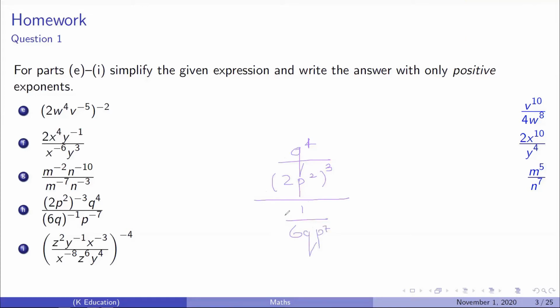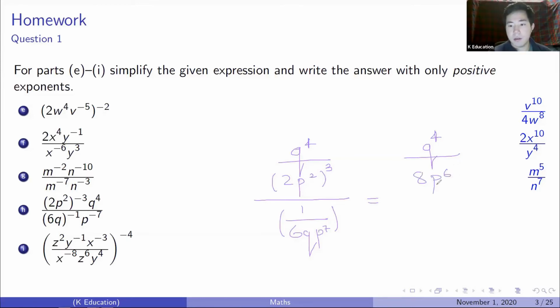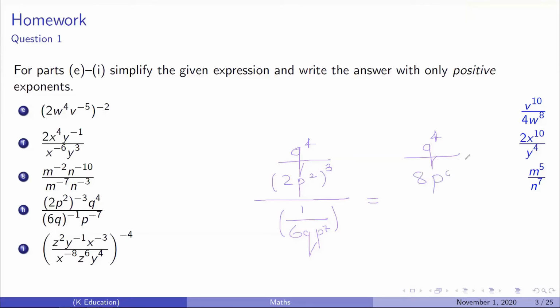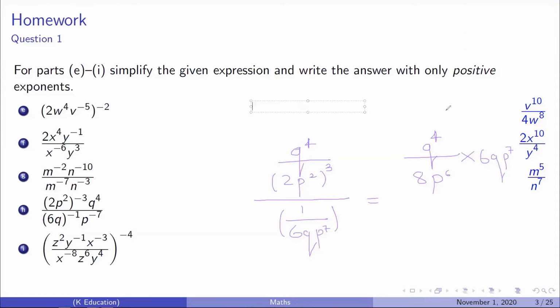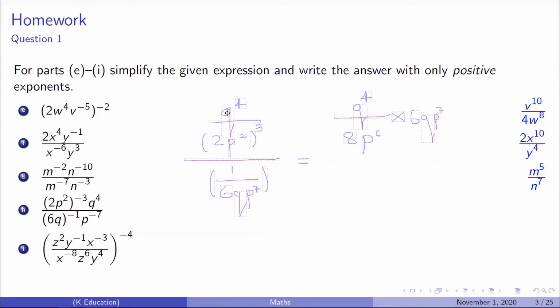And then that equals q to the power of 4 over 8p to the power of 6, times 6qp to the power of 7 over 1. Yeah.